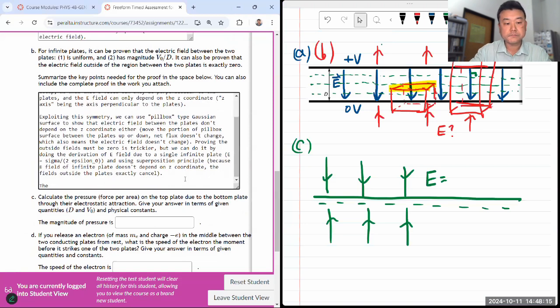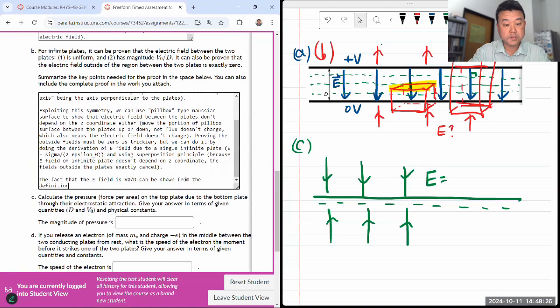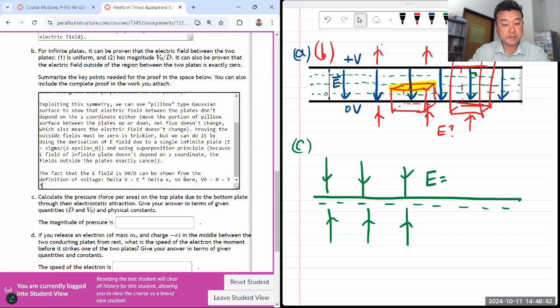The E field, the fact that the E field is V naught over D, can be shown from the definition of voltage, which is that delta V is equal to E times delta X. So here V naught minus 0 is equal to E times D. So E is equal to V naught over D. This would actually be E average.